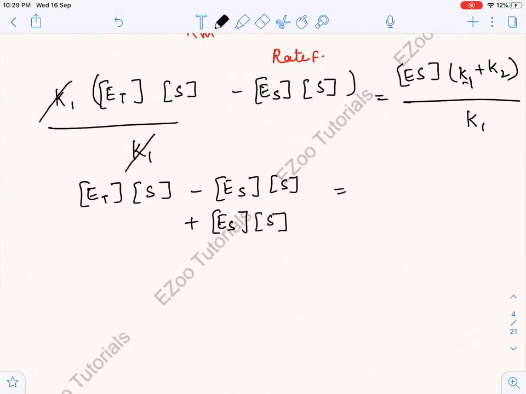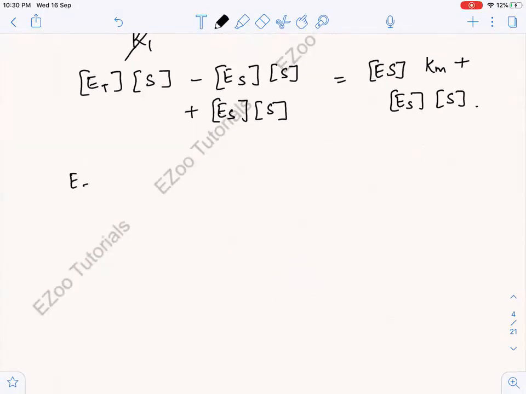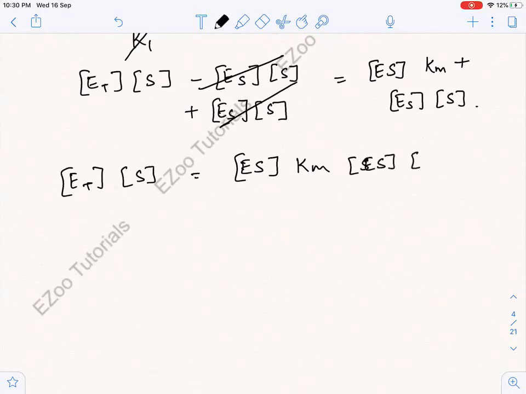ये cancel हो गया था. And this is what basically अभी हमने पढ़ा था, Michaelis constant. इसकी जगह हमने ये लिख दिया और अब दोनों साइड हमने क्या किया है, ये एडिशन कर दिया है. ठीक है, अब लेट्स सी क्या हो सकता है. तो ET S, ये कैंसिल आउट हो गया, इज इक्वल टू दिस एंड दिस. ओके, चलो अभी हमने क्या किया, let me make this clear.